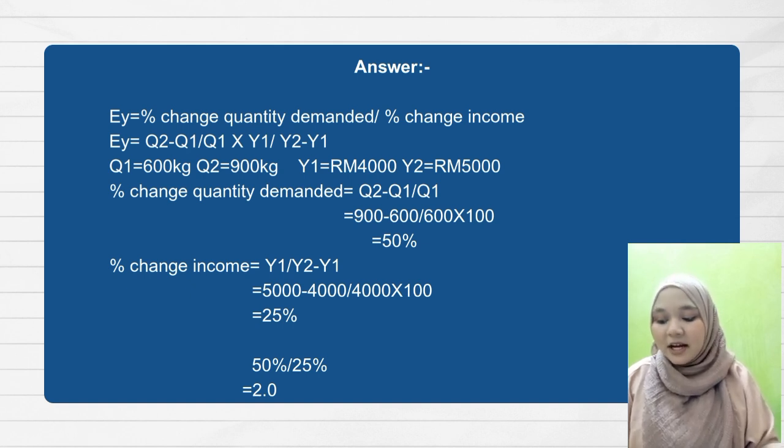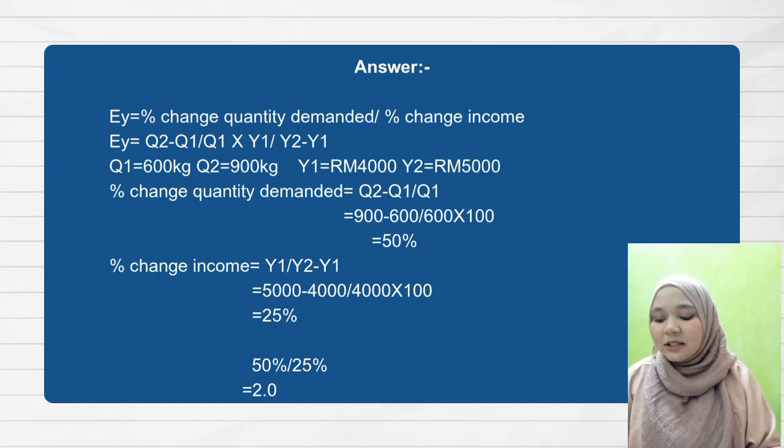So we get 900 minus 600 per 600 multiply 100. We get 50%. After that, we need to find the percent change in income.